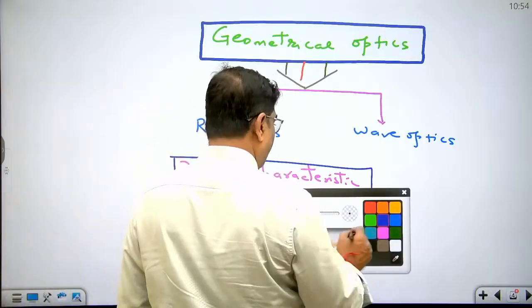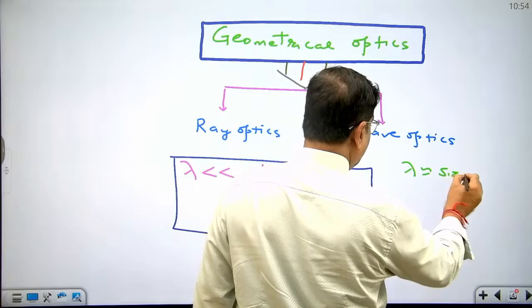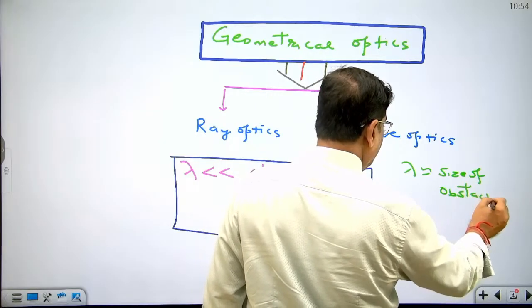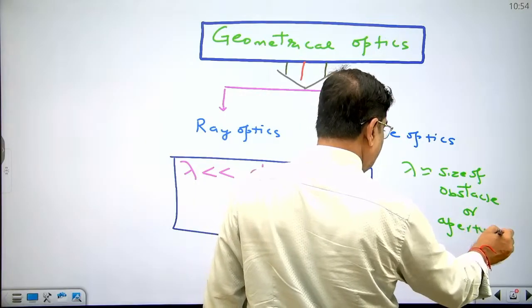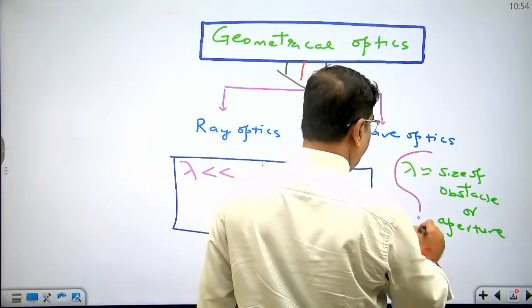And when wavelength of light is of the order of size of obstacle or aperture, then light behaves as a wave and we study wave optics.